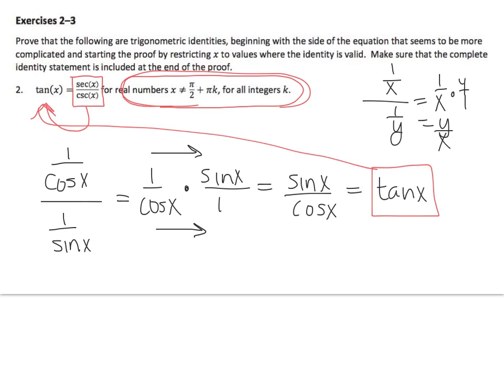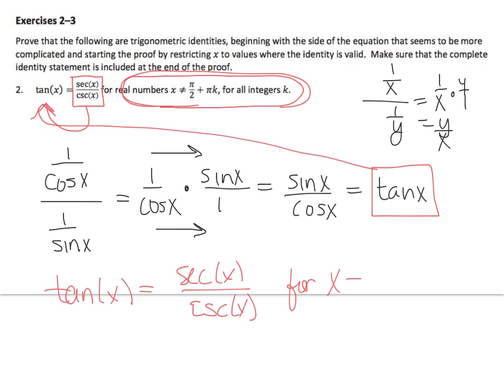Well, so at the end of the proof, I'm supposed to say tan x equals secant x over cosecant x for x not equal to pi over 2 plus pi k, because that would give us a 0 here, not there. Goodness, I just made a mess.